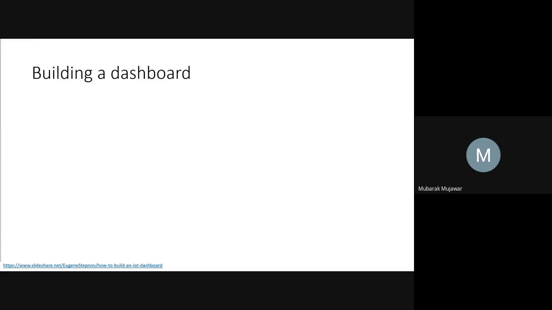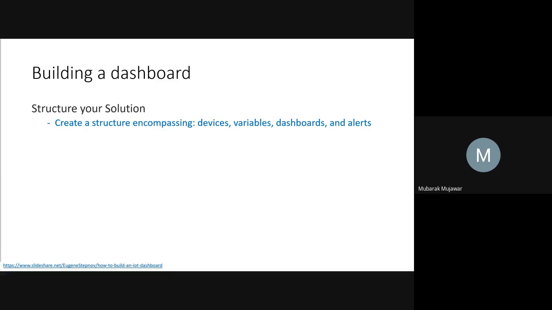Now, let us start thinking about how to build a dashboard. Whenever I'm thinking to build a dashboard, I have to structure my solution. So I have to create a structure which will encompass the devices which I'm going to use, variables, the dashboards, and alerts.